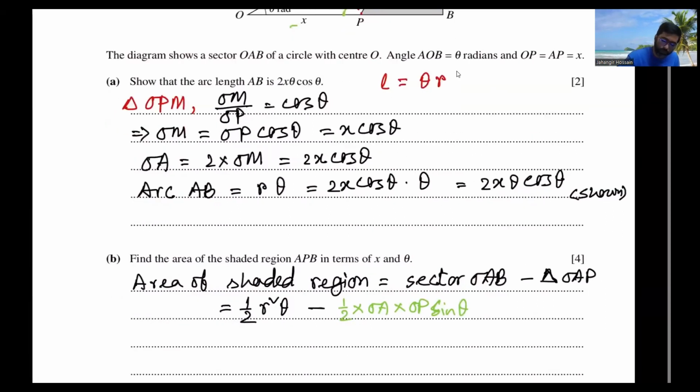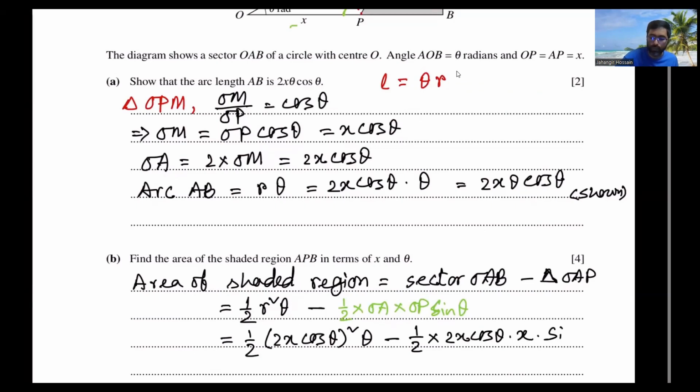So, for this sector area, the value of R is 2x cos theta square into theta minus half into OA, which is 2x cos theta into OP, which is x into sin theta.